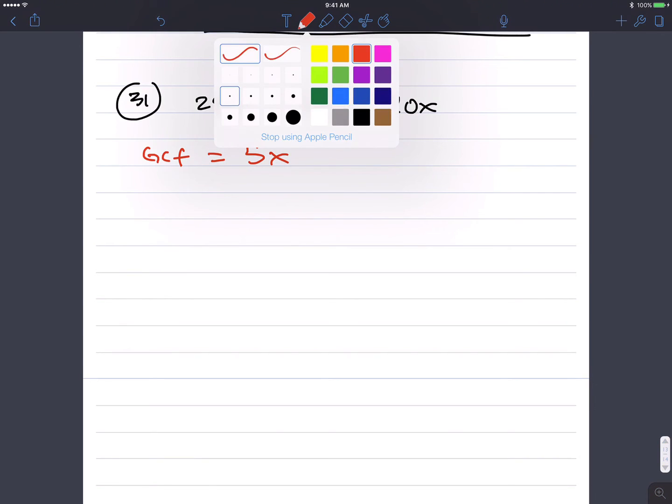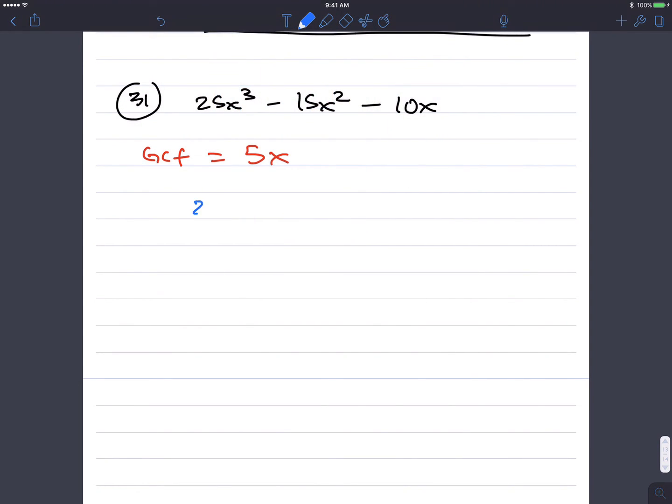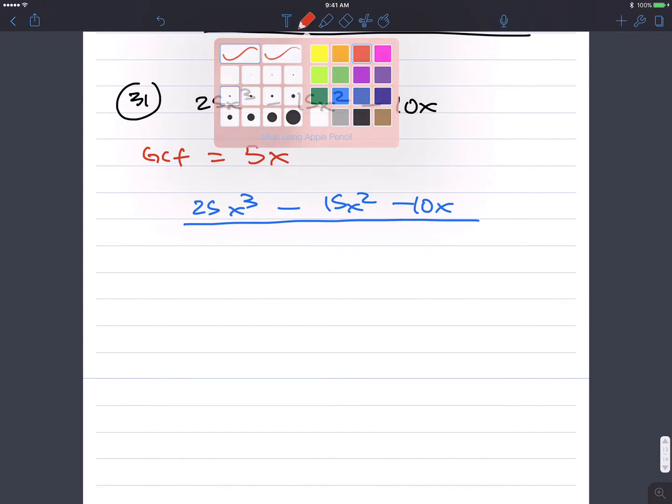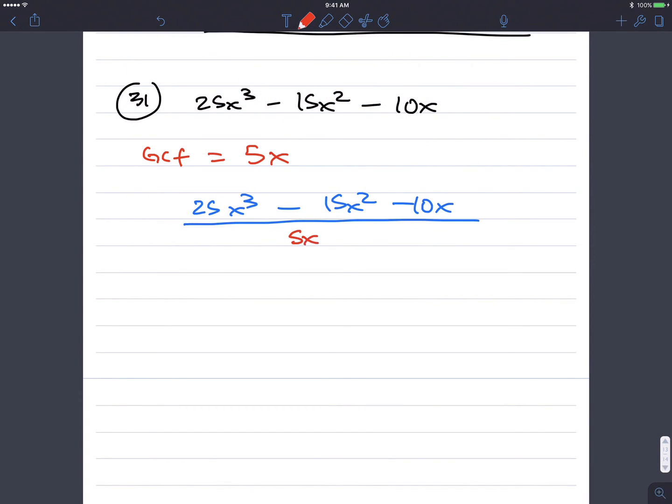We just need our quotient. 25x cubed minus 15x squared minus 10x, everything over that 5x. Now let's see what we get. 25x cubed over 5x minus 15x squared over 5x minus 10x over 5x.